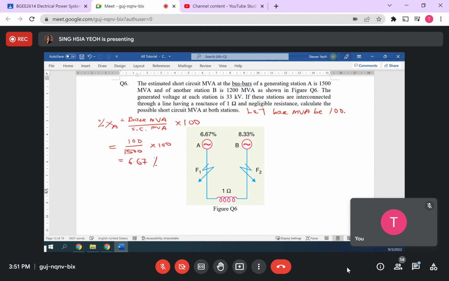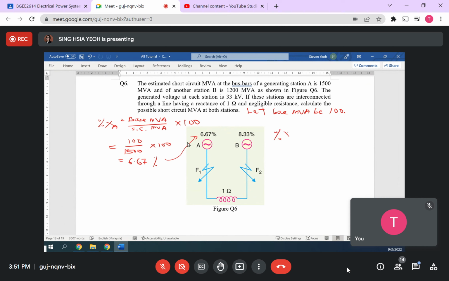This one, supposing I should remove. This is a diagram of the answer actually. Then you should get 6.67, which is here, then only I write back 6.67 here. Then how can we get 8.33? Same thing.